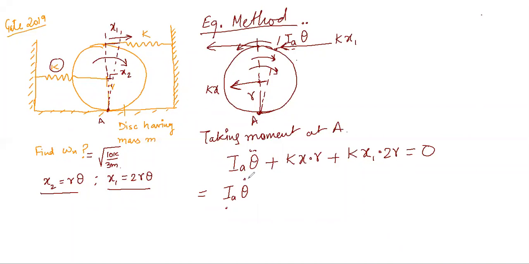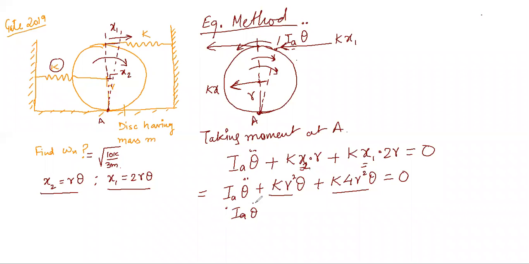IA theta double dot plus k x2, and the value of x2 is r theta, so that is k r square theta, plus k x1 with x1 being 2r theta, times 2r, which is 4 k r square theta, and that equals 0.